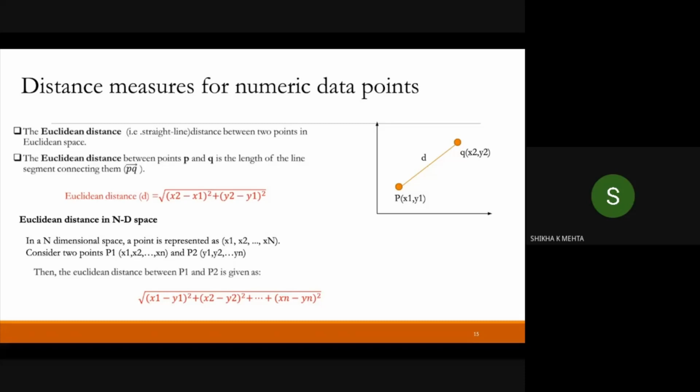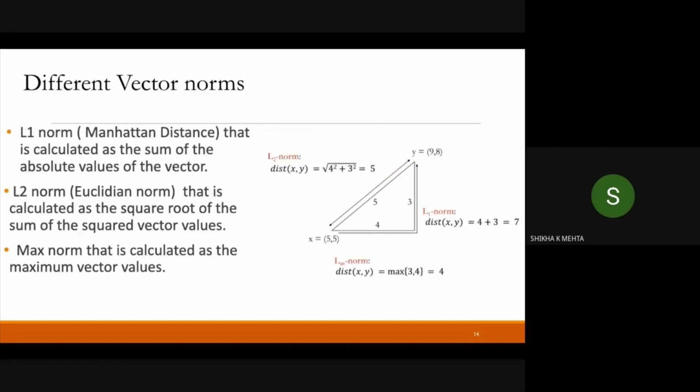If we take the numeric points, the two data points of a straight line, you can say the distance between the 2 points. We represent that as the square root of the values, if we have just two data points in the form of a vector.